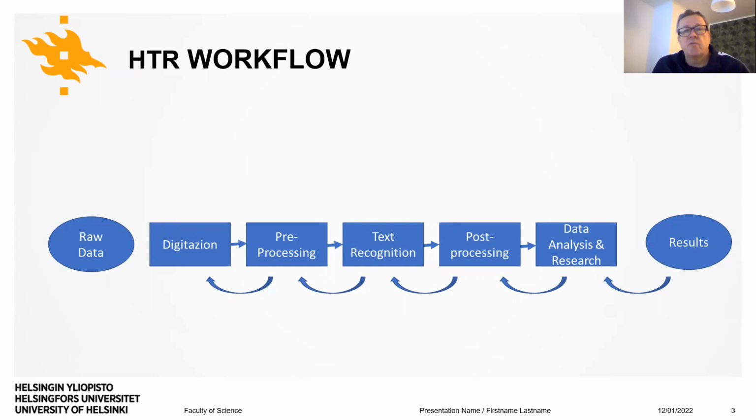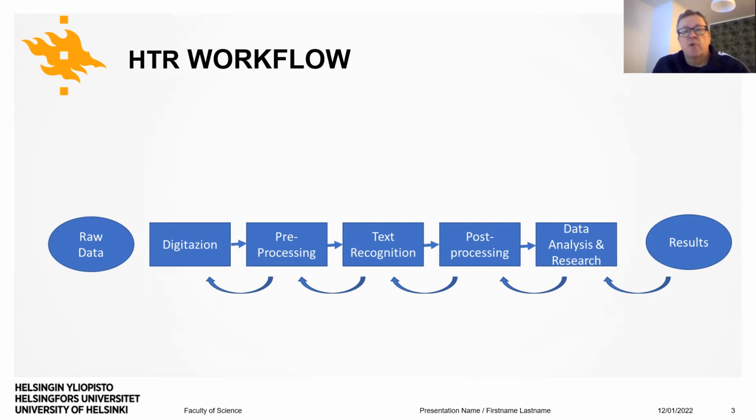During the pre-processing phase, the system transfers image files to a uniform format and improves the quality of images for remaining steps. Pre-processing can include image deskewing, noise reduction, binarization, and other methods. Text recognition covers two main steps: page layout analysis and actual character recognition.